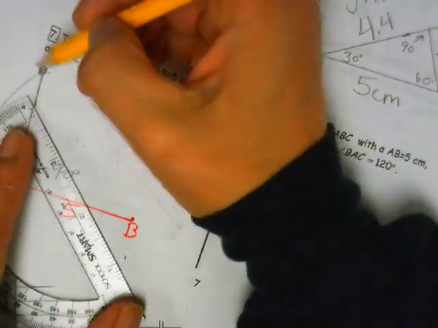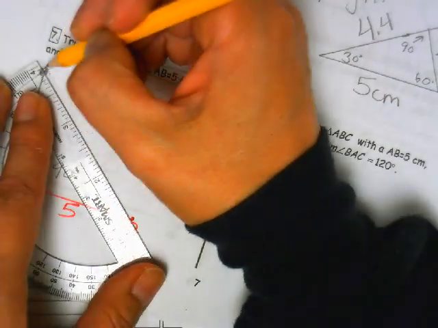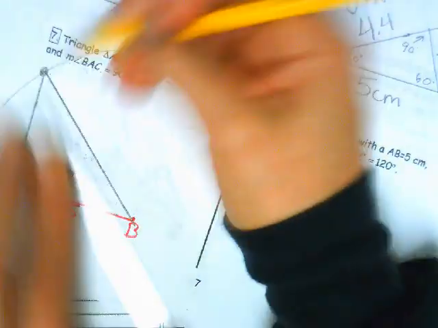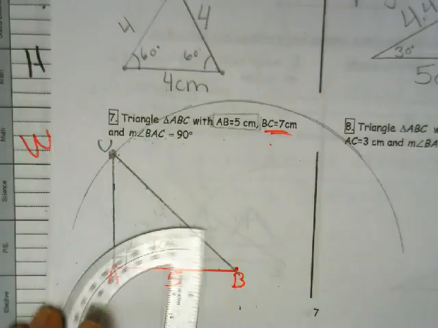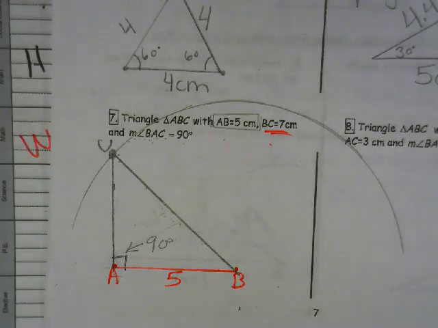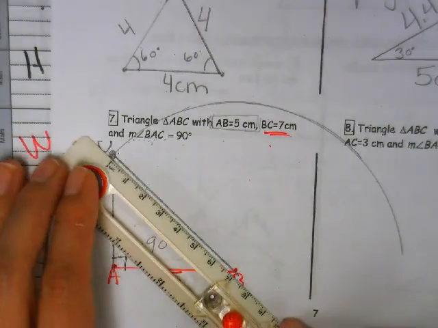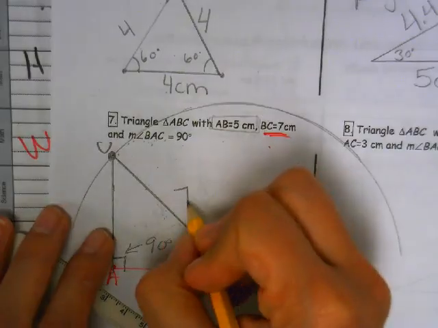I'm going to connect with a straight edge so I can measure it properly. And C would be on the top. All right, now I'm going to measure this, and this should be 7 centimeters.